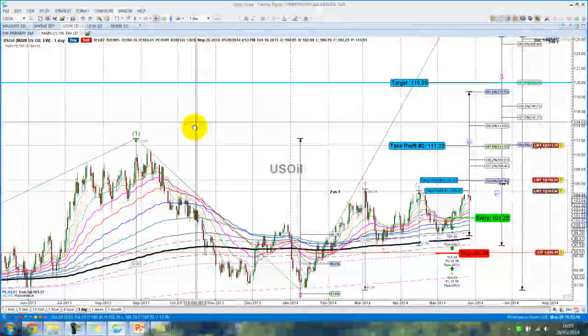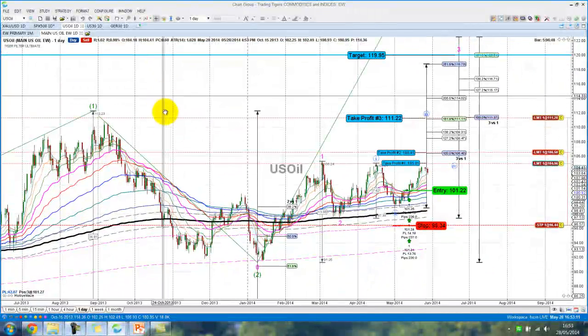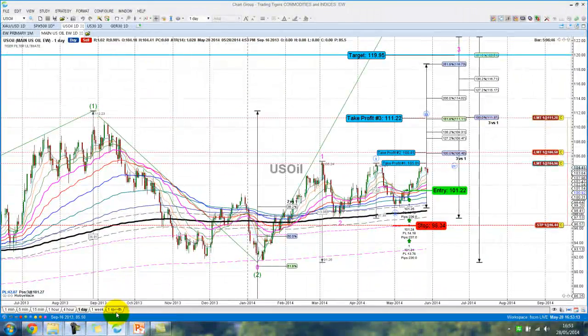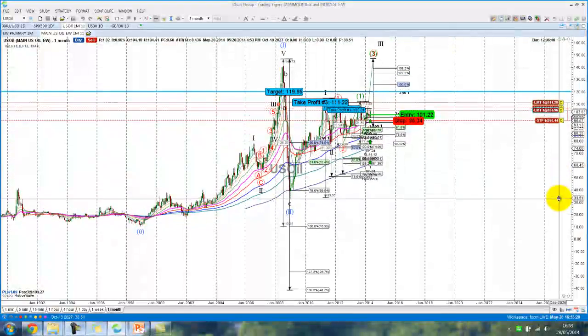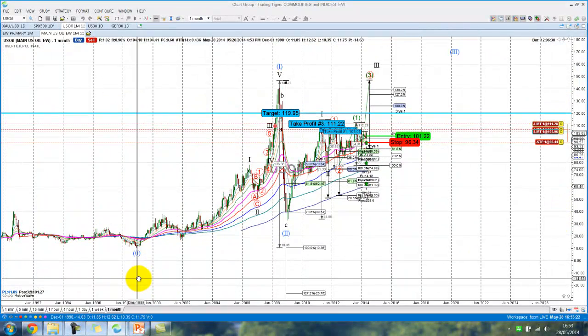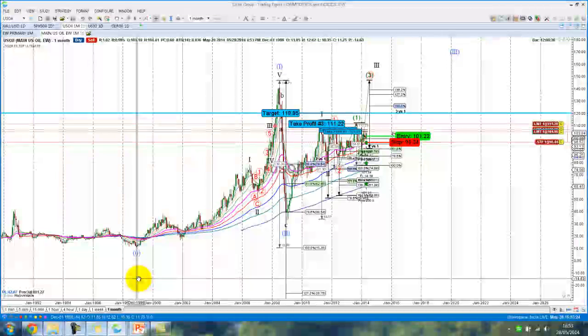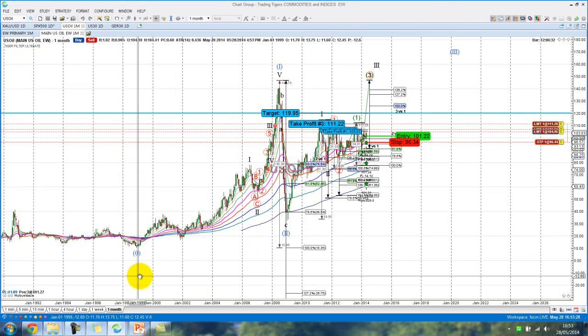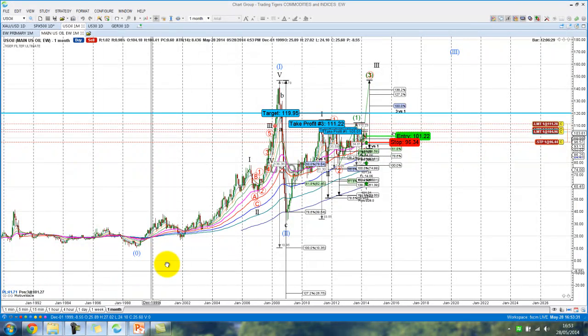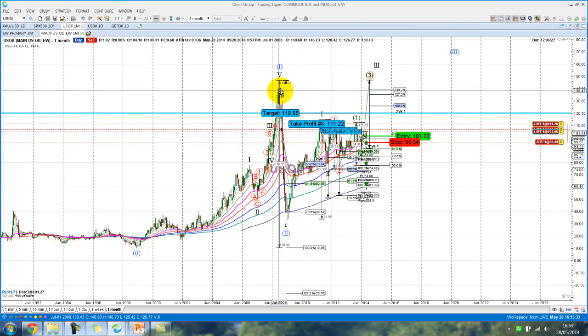US oil. As you can see, once again, let me take it to the monthly and then bring it down to the daily, so you can have a better understanding of where we stand. Wave 0.0 started way back in December 1998. That's where we've taken our accounting from, and it's in the super cycle where wave 1 completed on the high of July 2008.